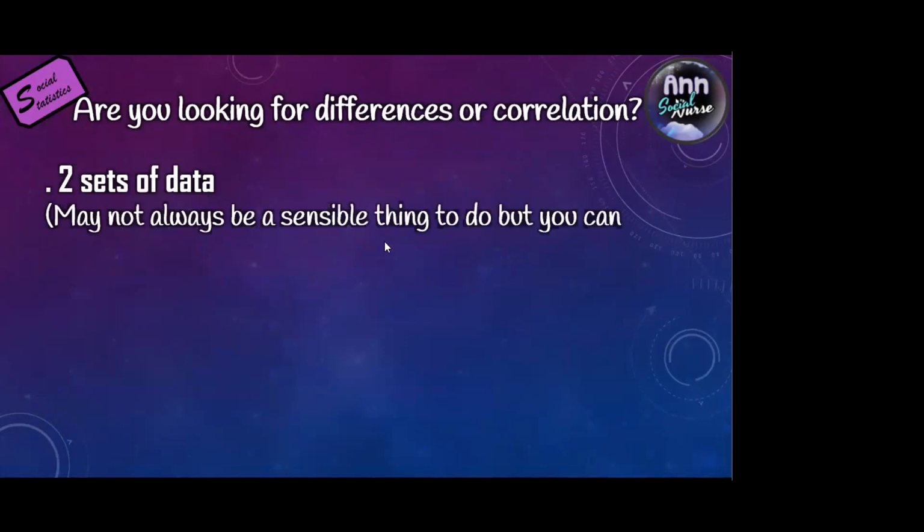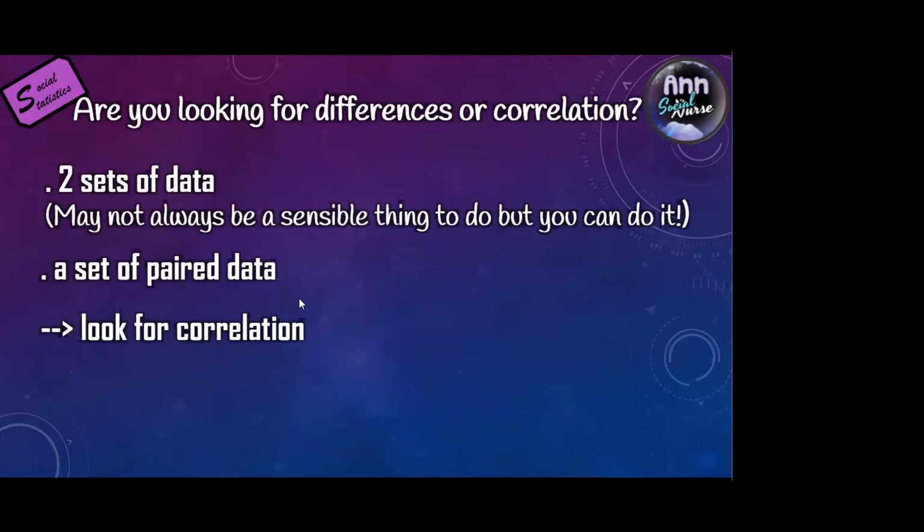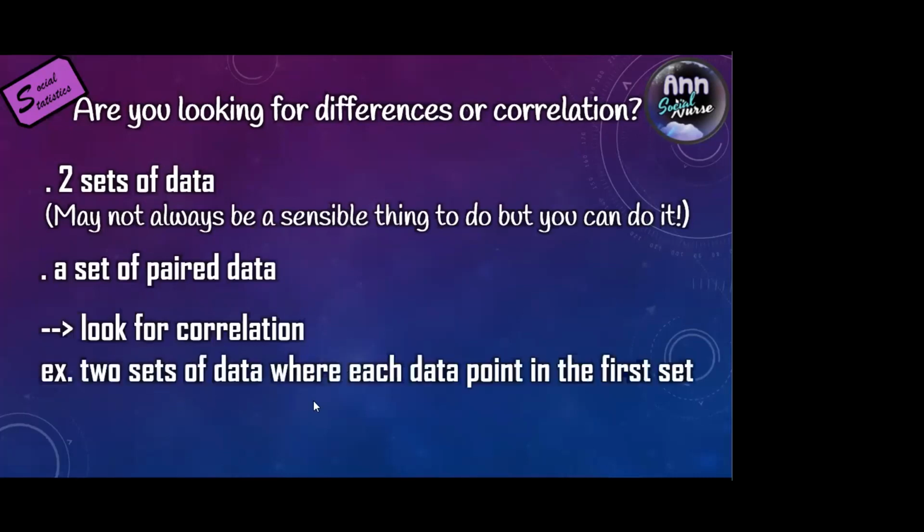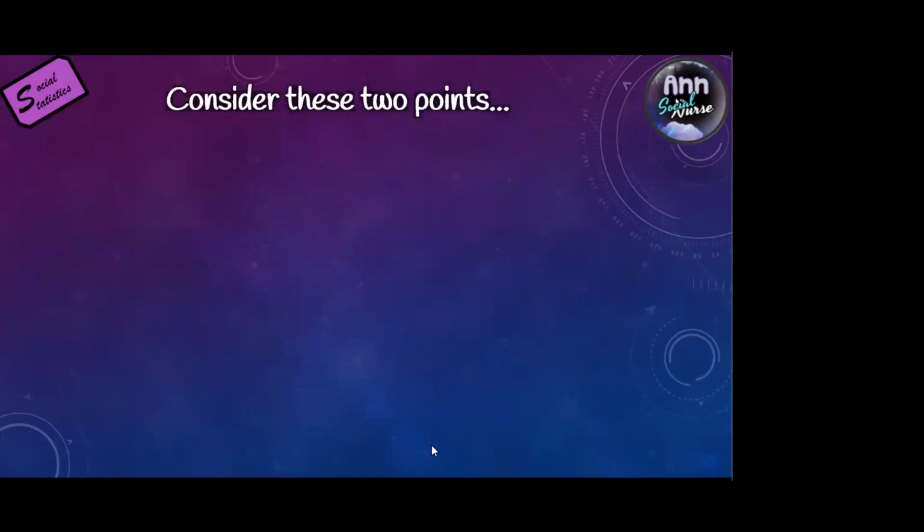It may not always be a sensible thing to do, but you can do it. That there is a set of paired data, just like the example we had last slide. Look for correlation. Two sets of data where each data point in the first set has a partner in the second, like the weight of child 1 before and after, and so on.